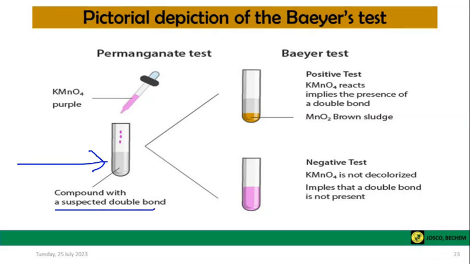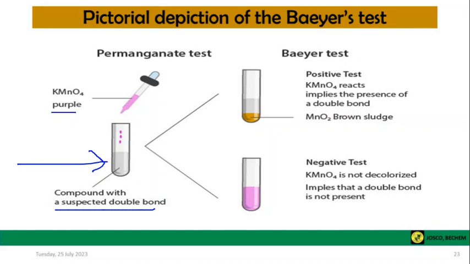Now this has already been dissolved for you. Then the potassium permanganate is being added to the solution of the sample. Note that it has been stated that it is purple colored.